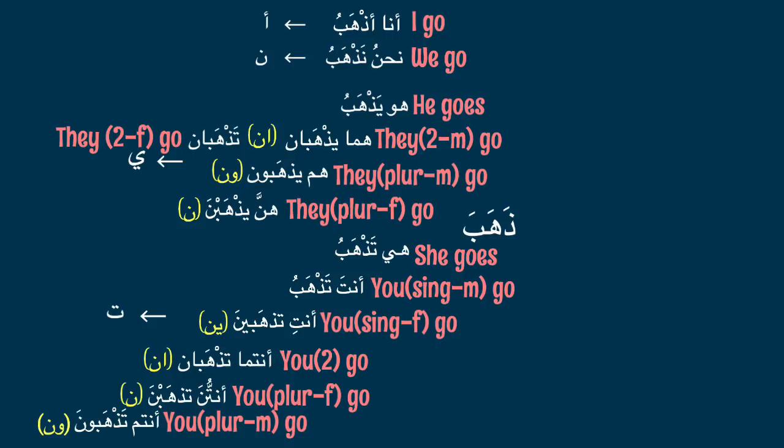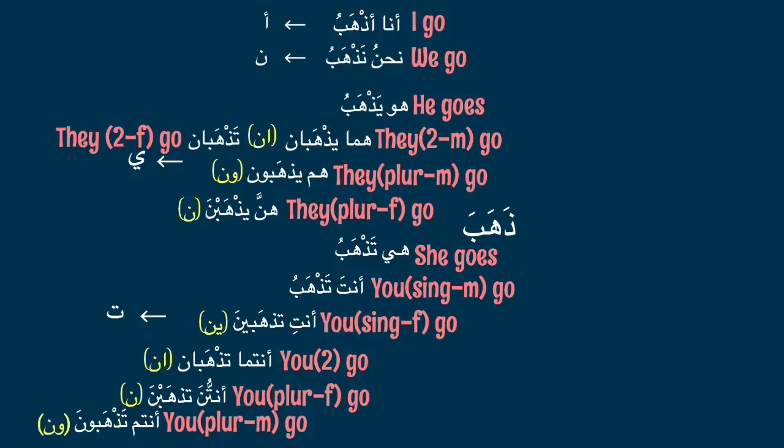There's another thing that's really important besides the additions to the beginning and to the end, which is the tashkil or the harakat. As always, they are very important. We have to take care of the tashkil pattern.